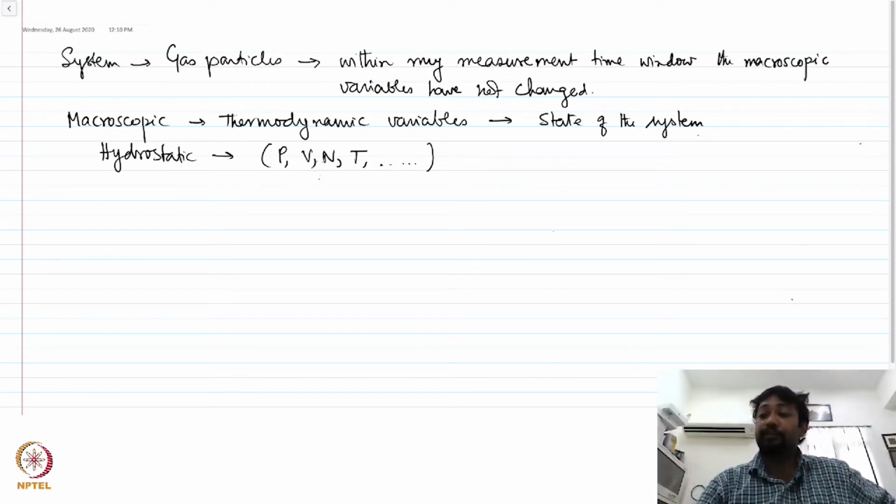So if you change any of these, for example, if you change the pressure, the temperature, or the particle number, which means you also change the density, then it goes to a different thermodynamic state.